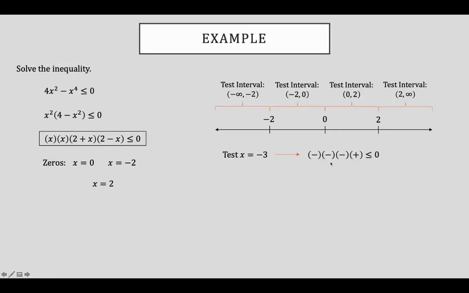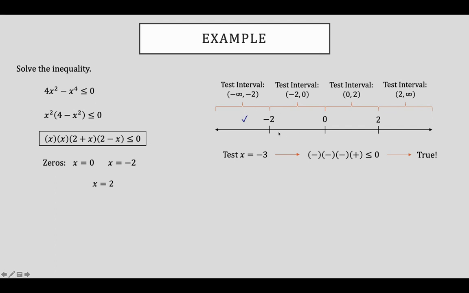What's a negative times a negative times a negative times a positive? Well, a negative times a negative is a positive, times another negative gives us a negative, times a positive is still negative. Is a negative number going to be less than or equal to 0? Yes, that is a true statement. All right, so we put a little check mark up above that region.